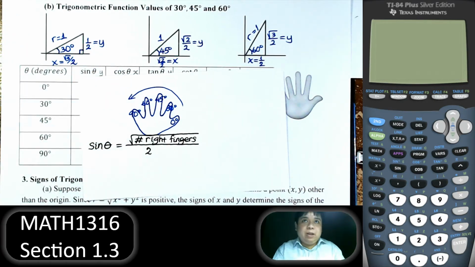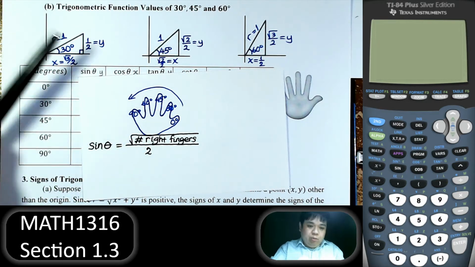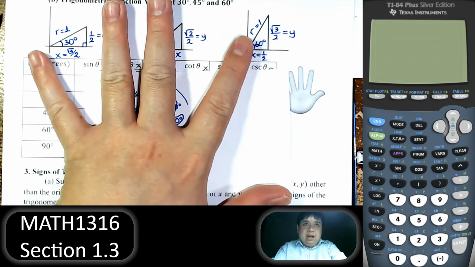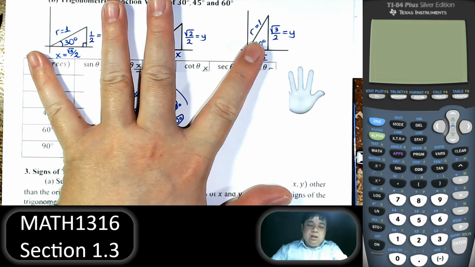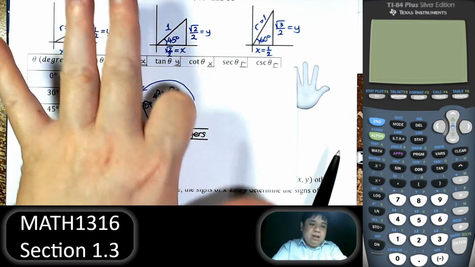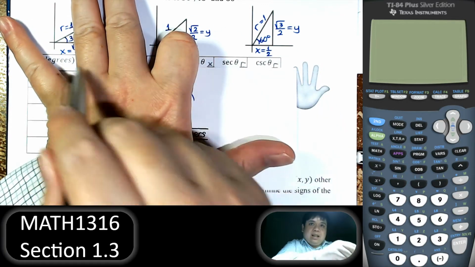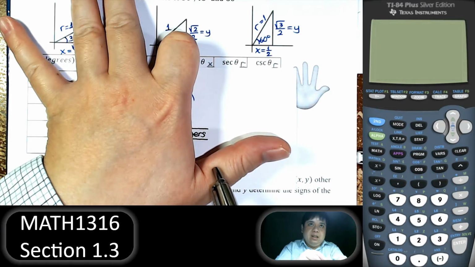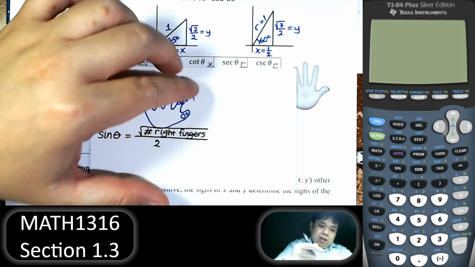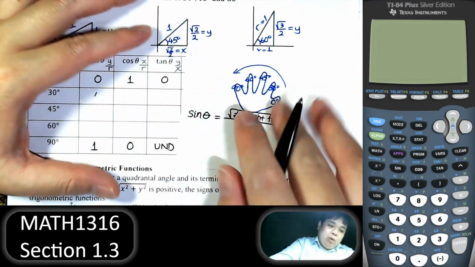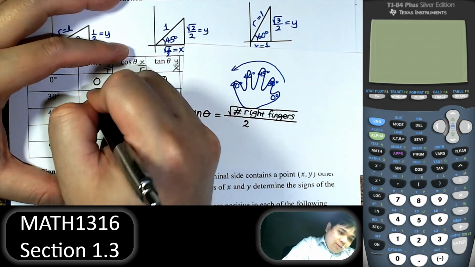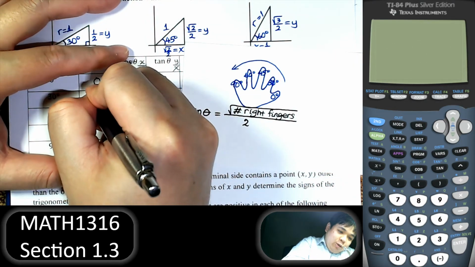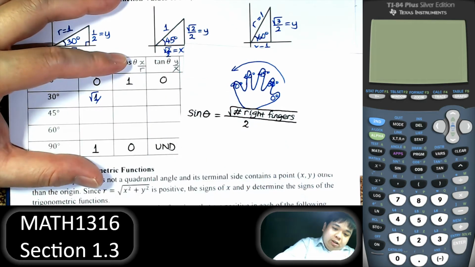For example, let's pick one, 30 degrees. If it is 30 degrees, we put the hand here, and on that there is one finger on the right. So we have the square root of that over 2.